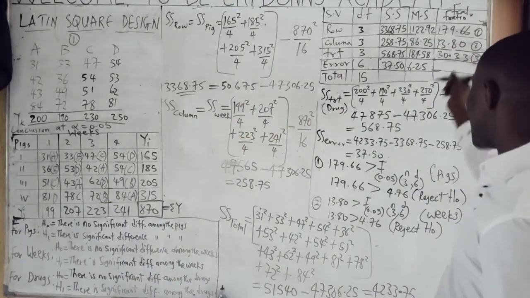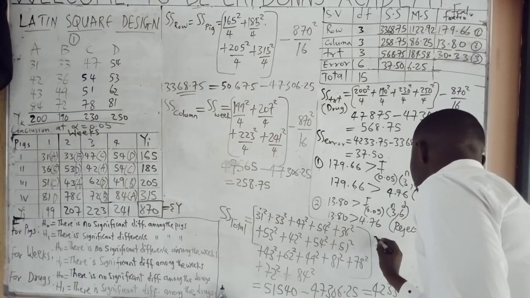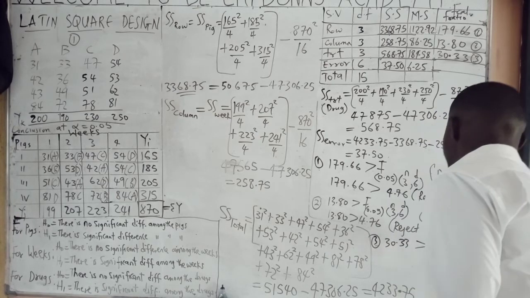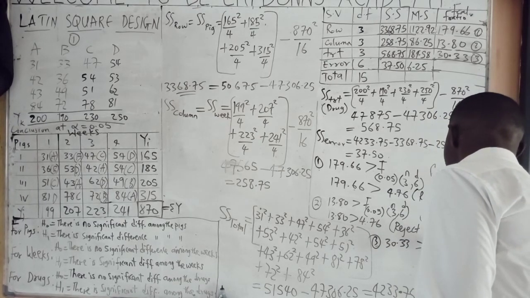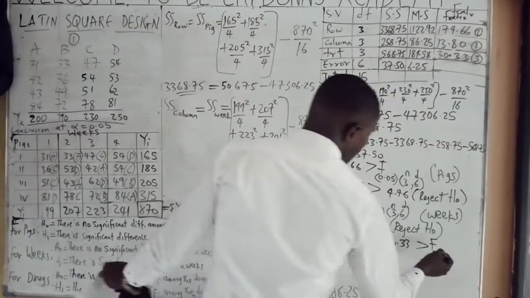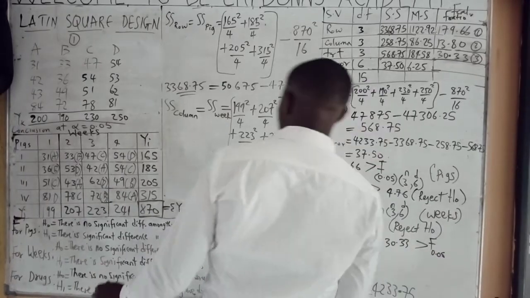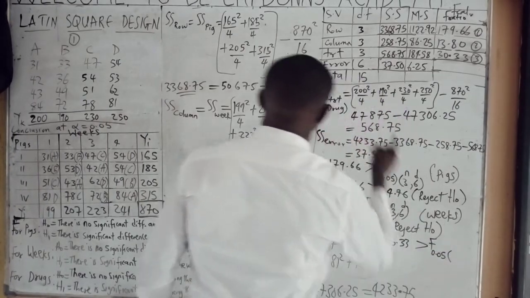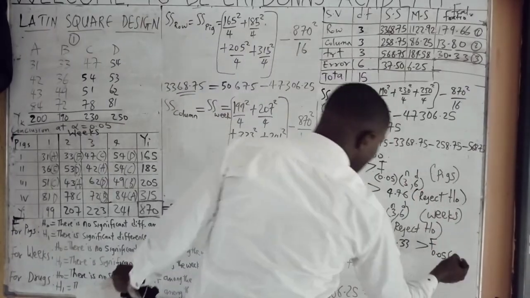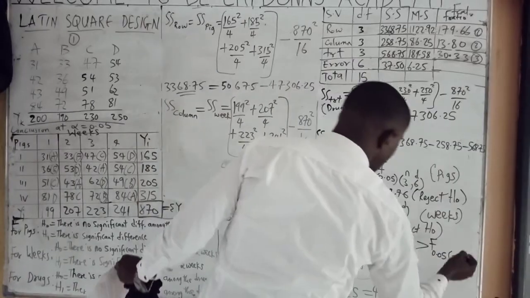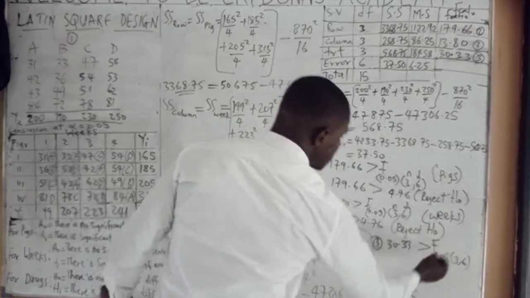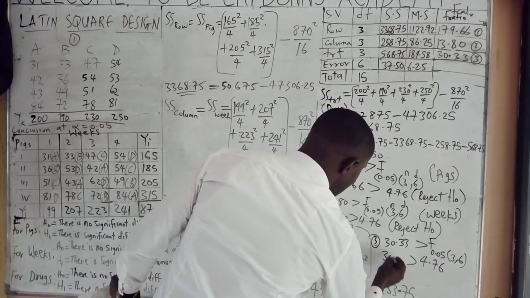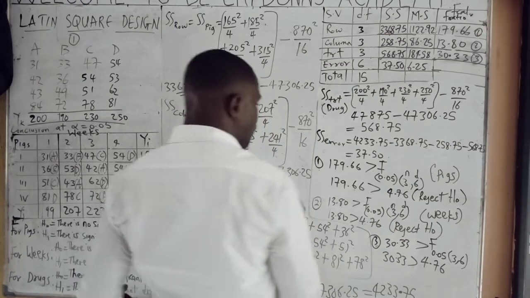Then we go to the last one. We test whether 30.33 is greater than F table. And our F table is checked from your four-figure table at 0.05, which is your level of significance. Then your treatment is 3, and the other one is what? Error is 6. So once you check this, it will also give you 4.76. So 30.33, are you also greater than 4.76?